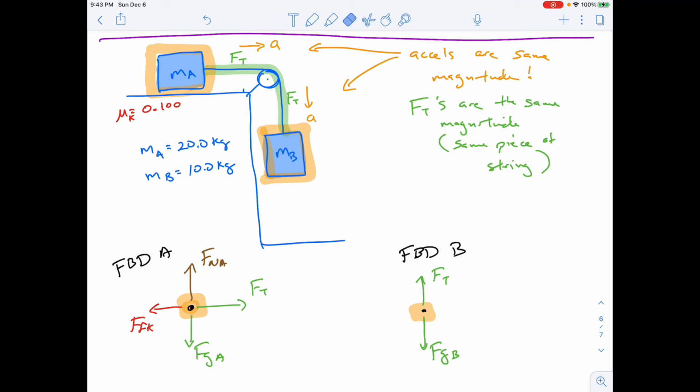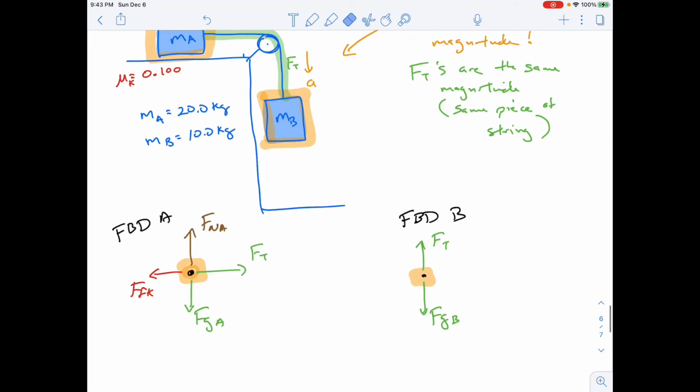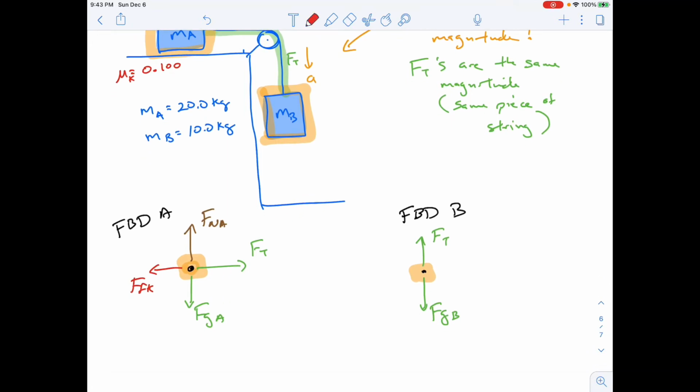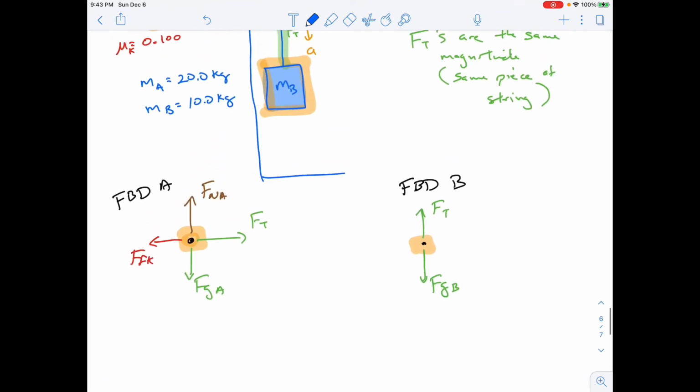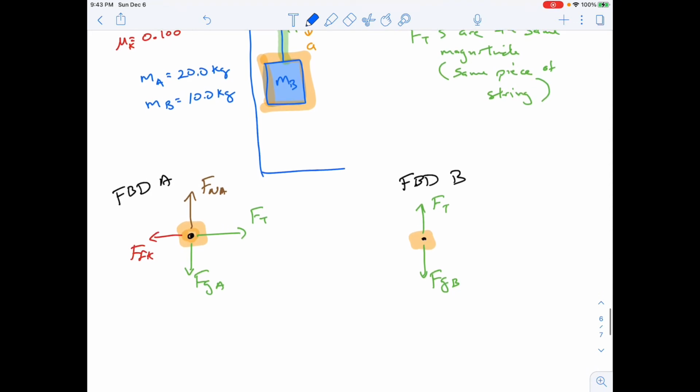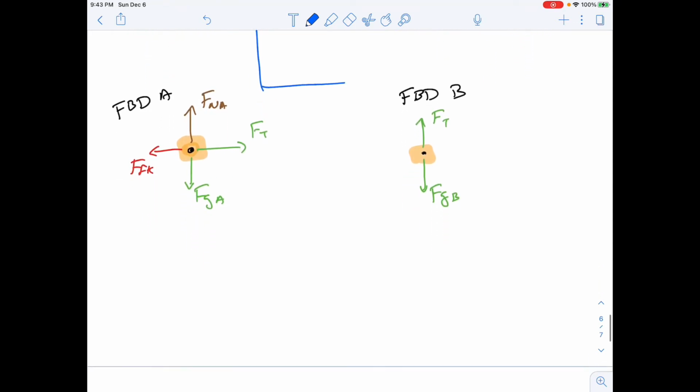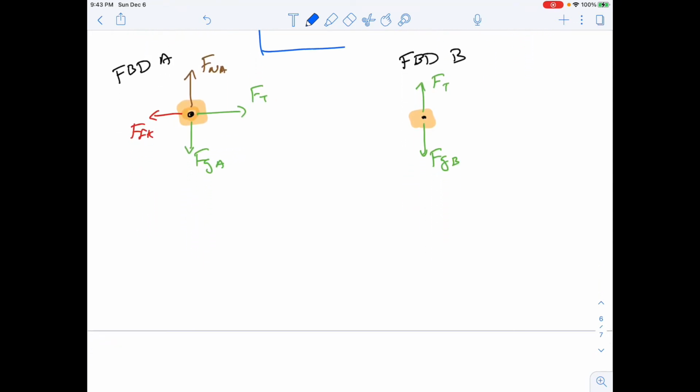Block B, if I were to personify block B, all it knows is it's immediately being held back by some rope, some tension. And if we accept that, then we can, as always, make formulas for each free body diagram. And once you do that, then it just becomes a math problem.